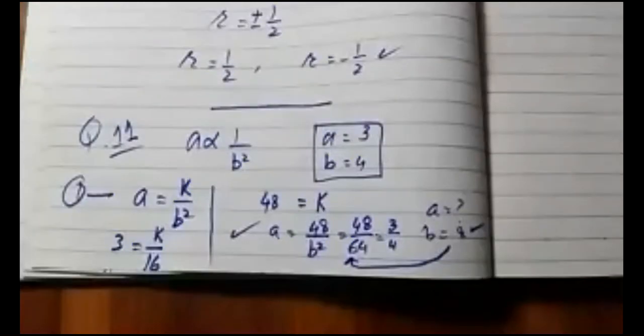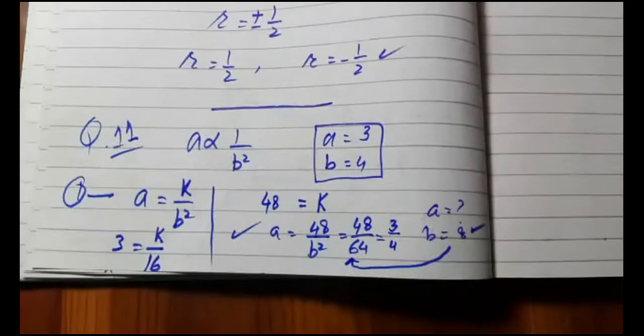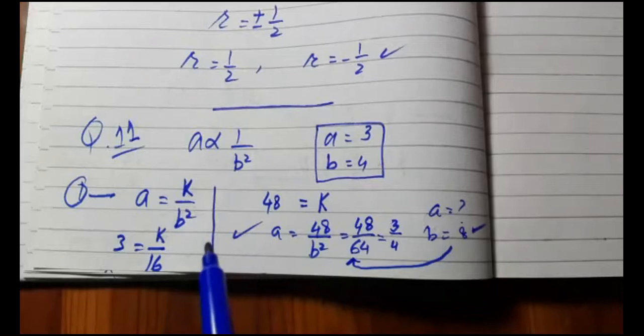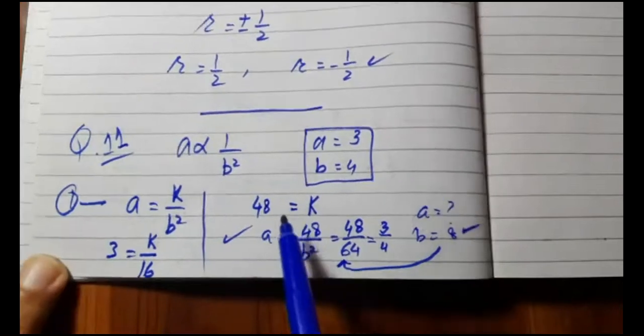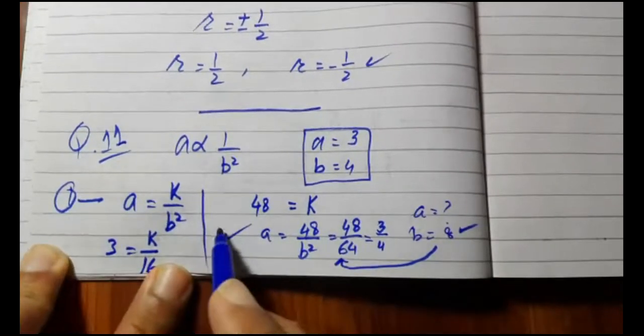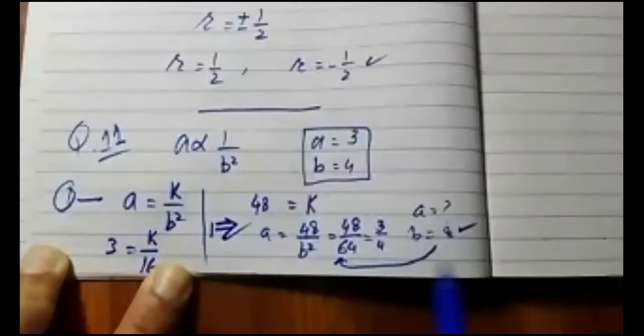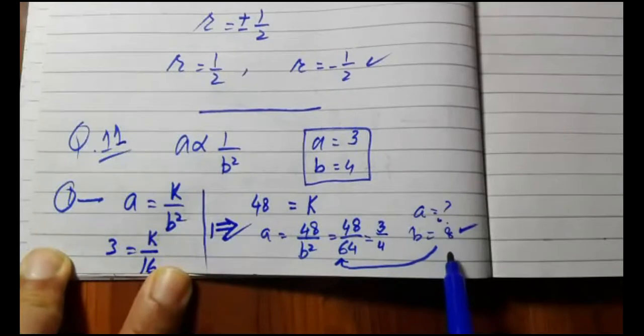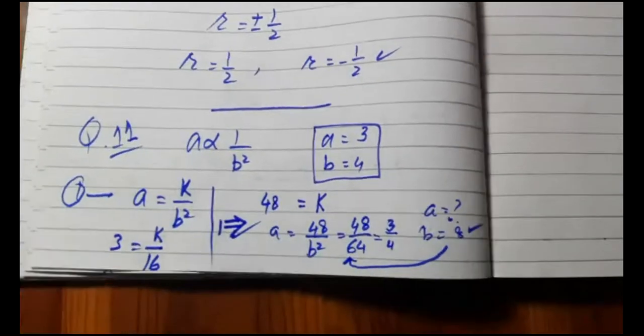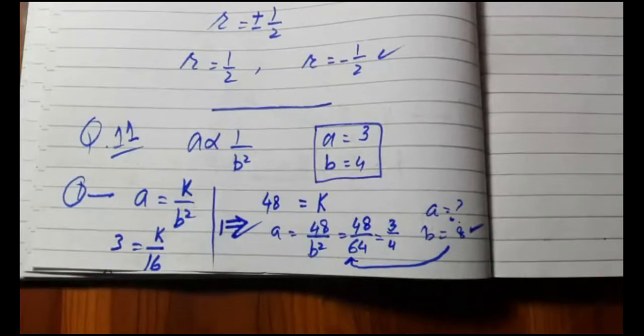It's very simple. In a very similar way, you simply have to substitute the given pair of values into the equation to generate a connecting formula. As you can see, once k has been calculated, you put it into equation number 1, and in equation number 1 we are asked to find the value of a when b is taken as 8. Once the formula is generated, you simply substitute the value of b and then you will find the answer of question number 8.